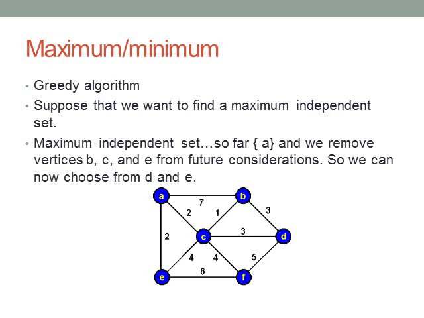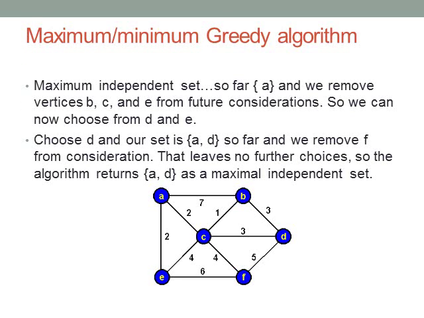So that just leaves D and F to choose from. We can choose either one, but once we choose either one, then that's all we can choose. So let's say we choose D, and so our maximum independent set returns with A and D. Now there are a large number of different independent sets, but they all have one thing in common. They all have the same number of vertices, in this case 2.